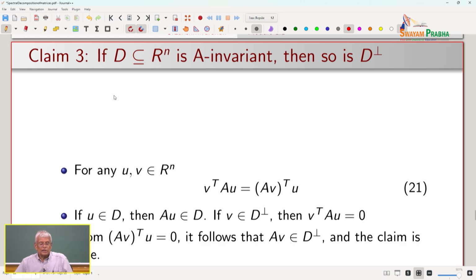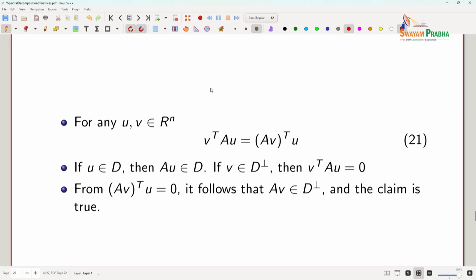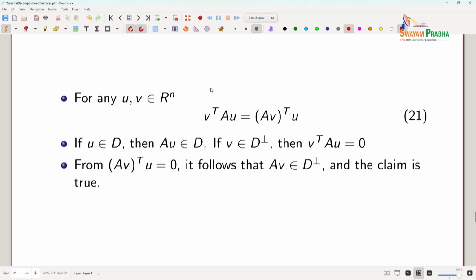So, what is the idea here? If D is an invariant subspace for the matrix A, D perpendicular must also be an invariant subspace. For any u and v belonging to Rn, v transpose A u equals (A v) transpose u. If u belongs to D, then A u belongs to D, because D is an invariant subspace of A by assumption.